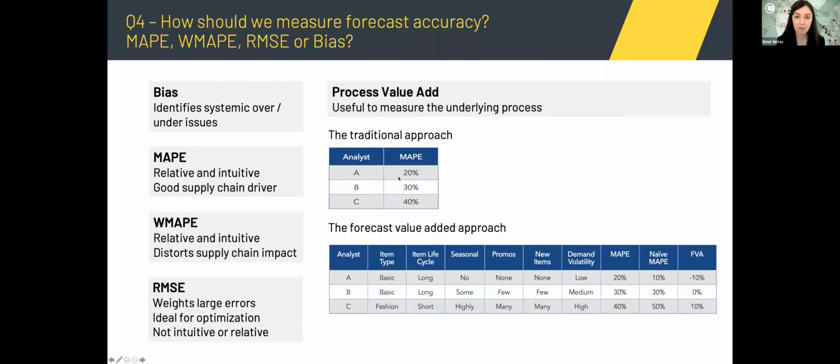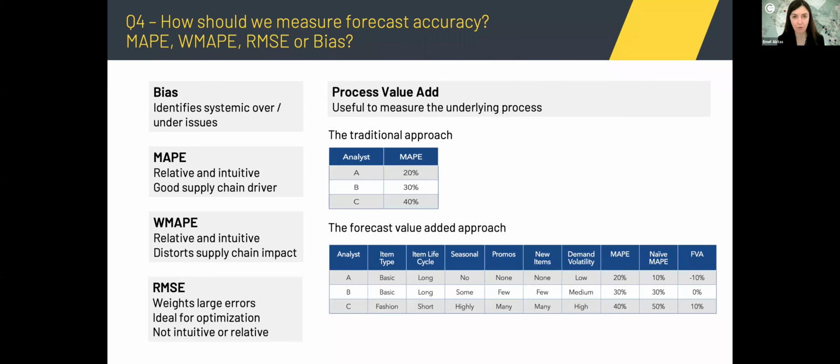But is this really the right approach to assess the performance of the analysts and of the models as well? So we have a breakdown at the bottom part of the slide, which introduces this forecast value added approach. We tend to have the software produce forecasts, and then analysts override these forecasts.